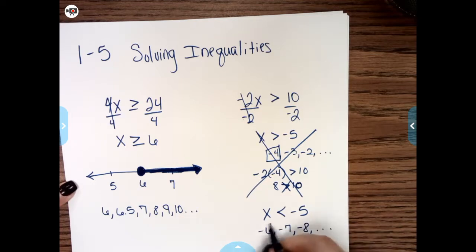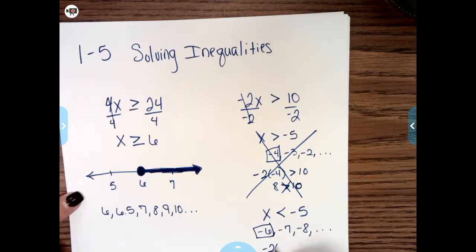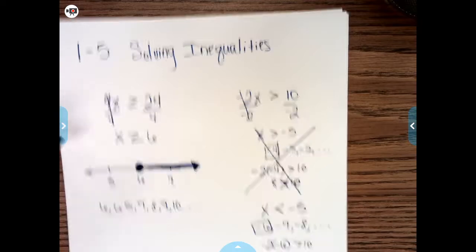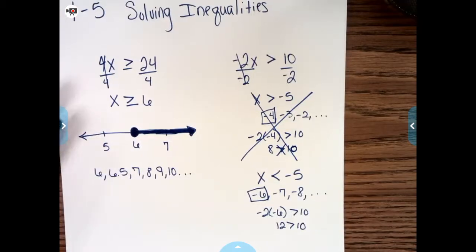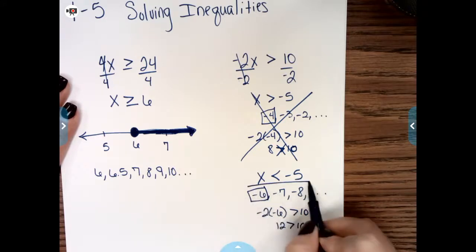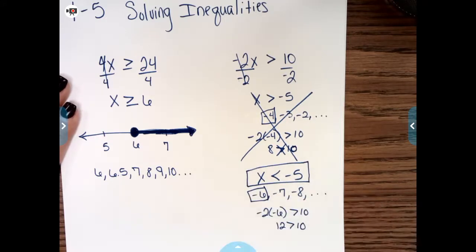Let's check for negative 6. Going back to the original, negative 2 times negative 6 is greater than 10. Well, negative 2 times negative 6 is 12, and 12 is greater than 10. So therefore, it follows that x is less than negative 5.